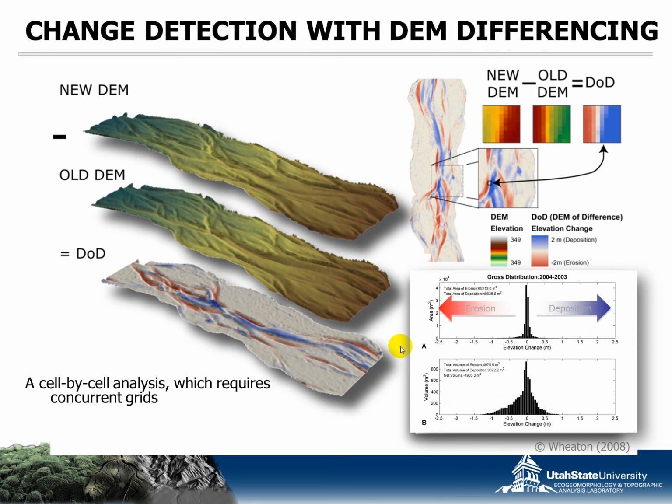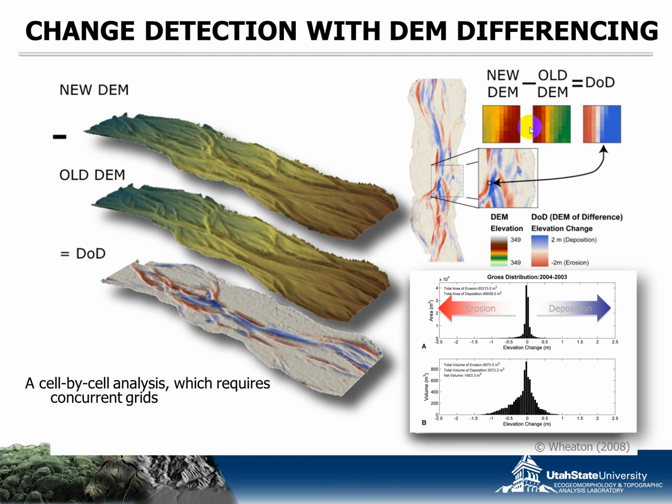So this is obviously important in the primary thing we're concerned about here, which is change detection between two digital elevation models. That is a simple raster algebra subtraction operation, where we work on a cell-by-cell basis.